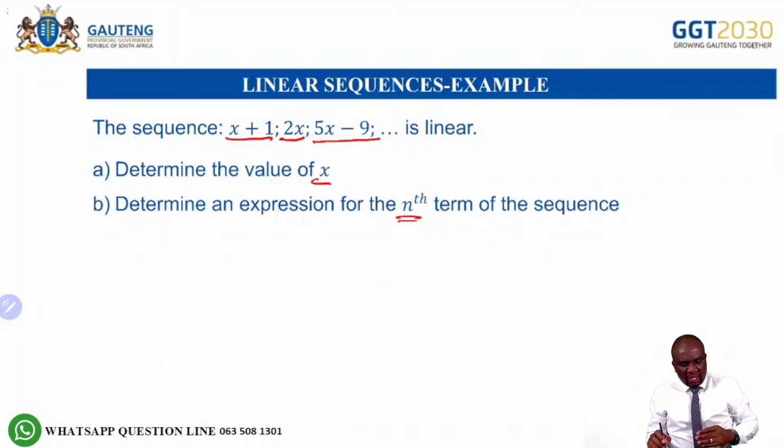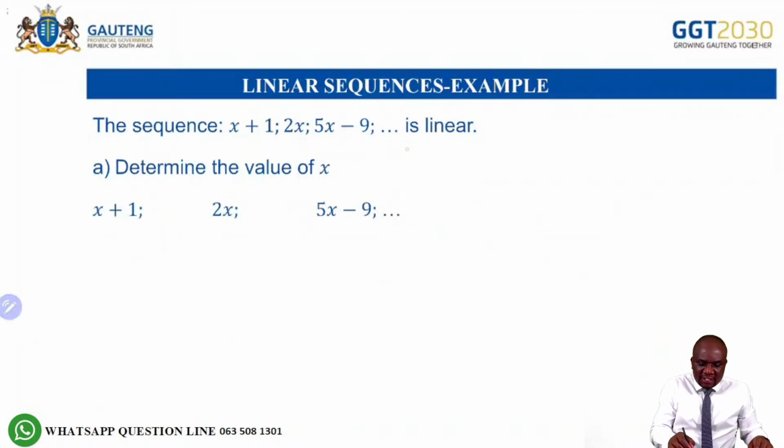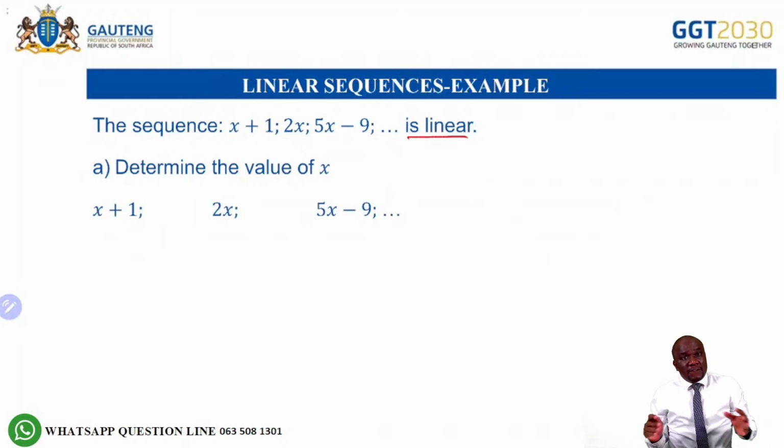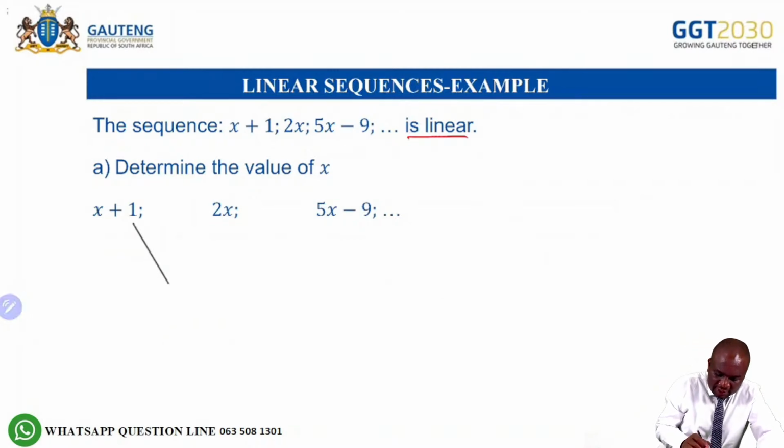Let's start by doing A, finding the value of x. So what do we know about the linear number pattern? The first differences are common, a constant. So we find the first difference here, 2x minus x. 2x minus x is x. And then 0, because we don't have a number here, so it's 0 minus 1, which is going to be negative 1.